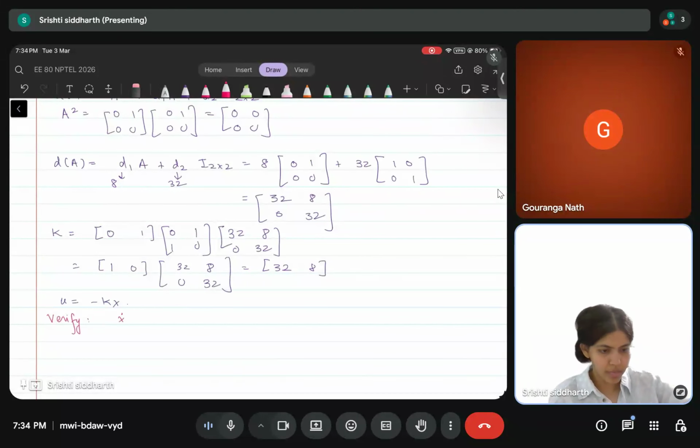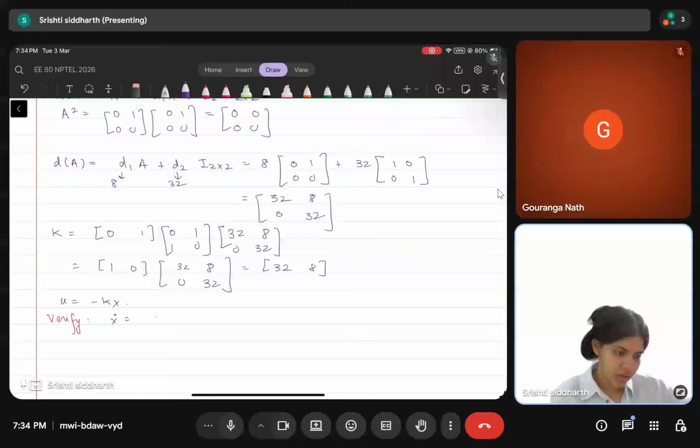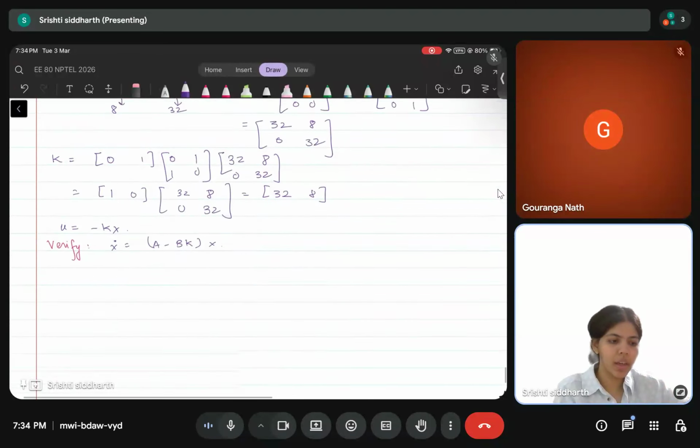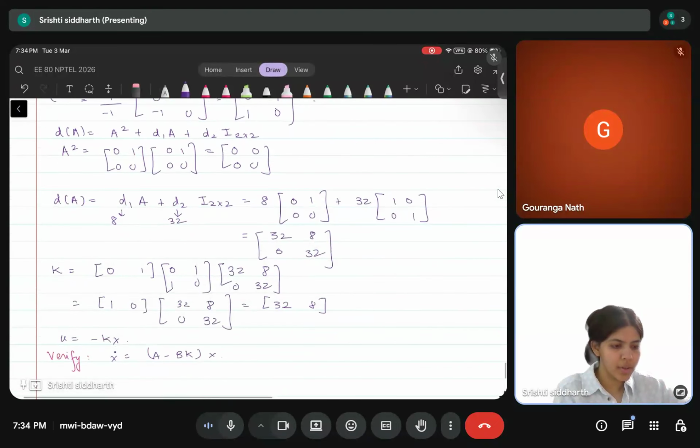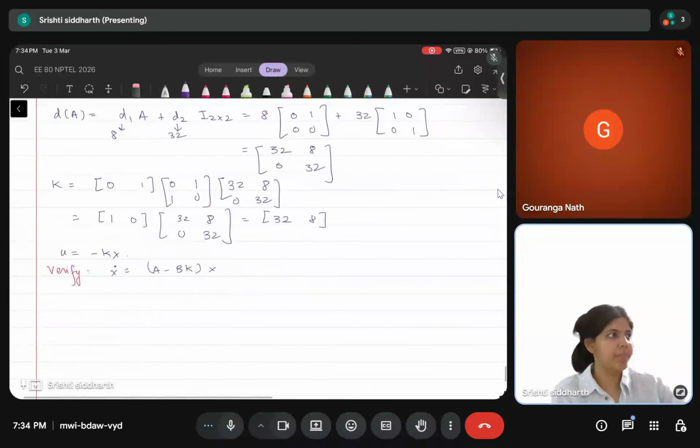The closed loop system becomes x dot equals (A minus BK) x. We verify whether the eigenvalues of A minus BK, or the characteristic equation of A minus BK, is the same as the desired one.